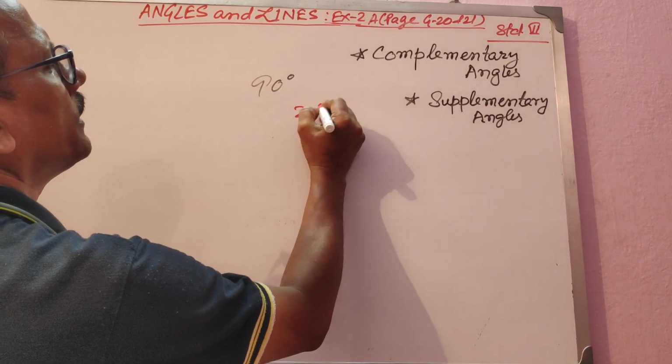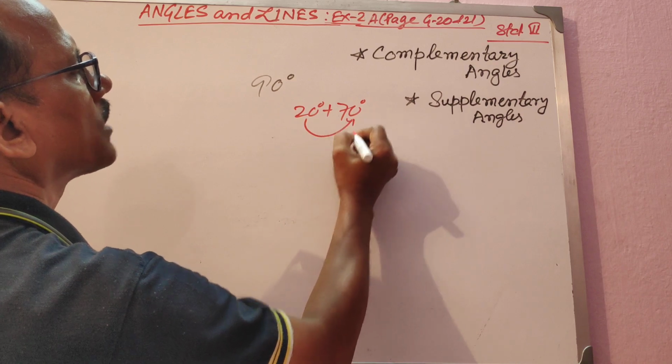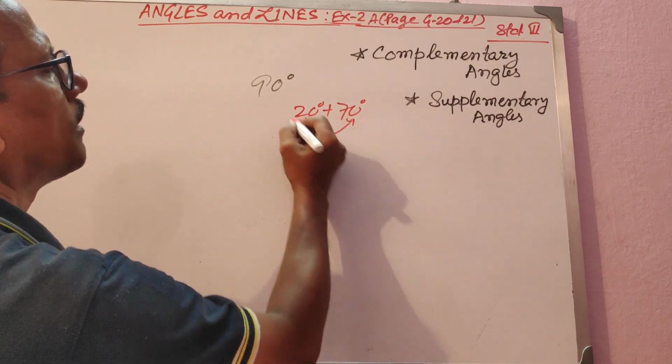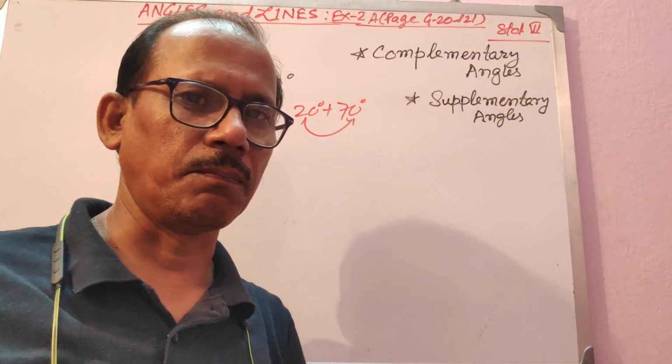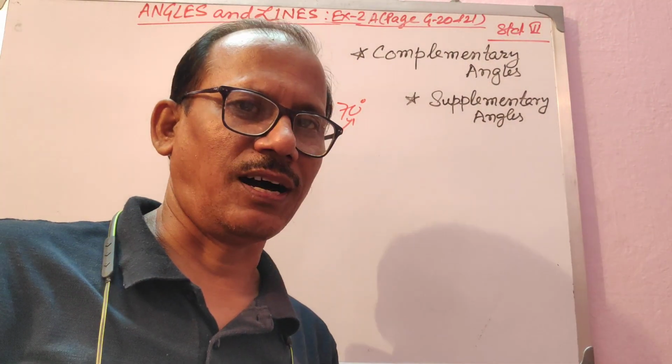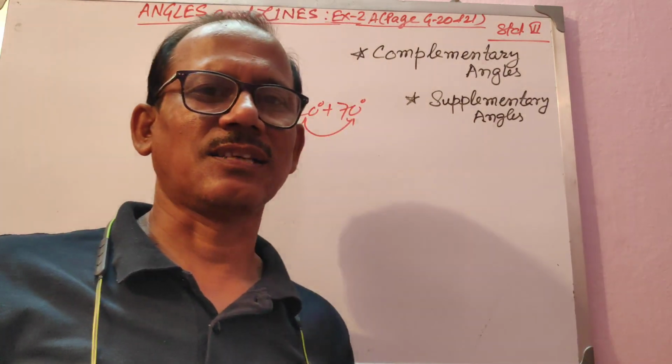Suppose 20 degrees plus 70 degrees. 20 degrees is the complement of 70 degrees, and 70 degrees is the complement of 20 degrees. Together they are complementary angles. One is the complement of the other. Could you understand?